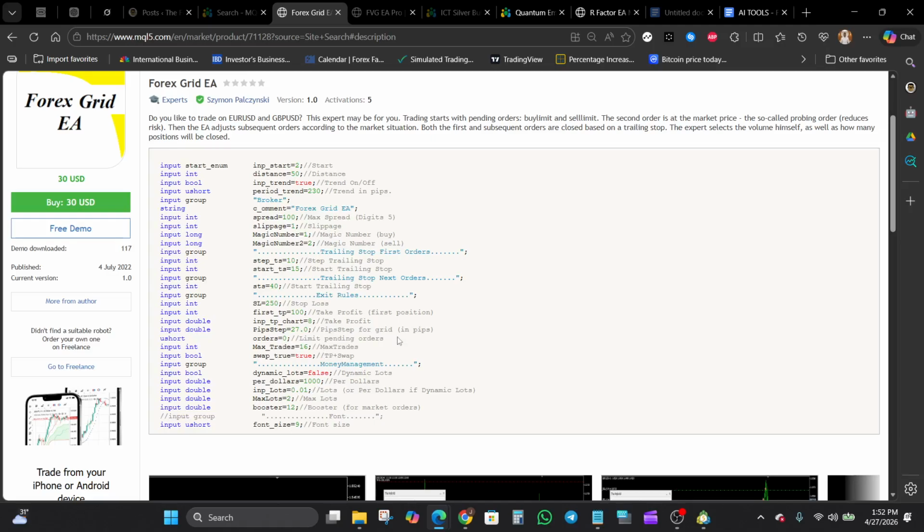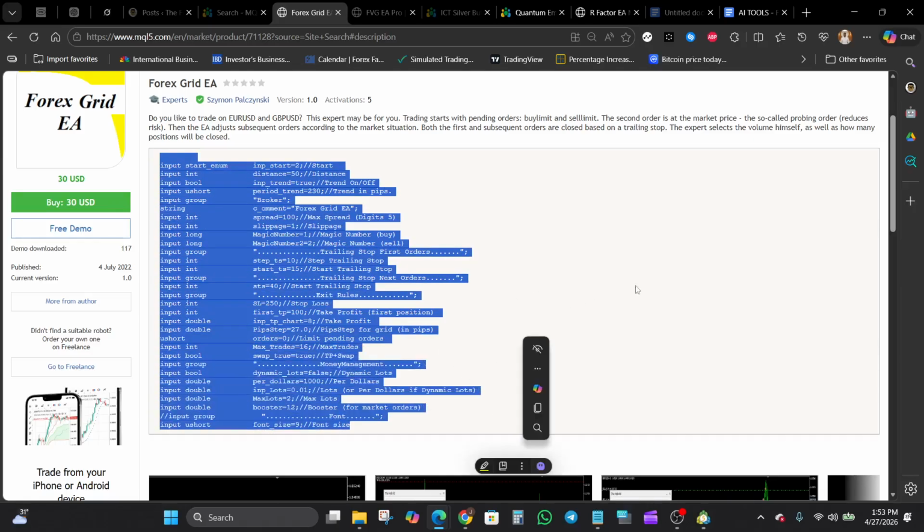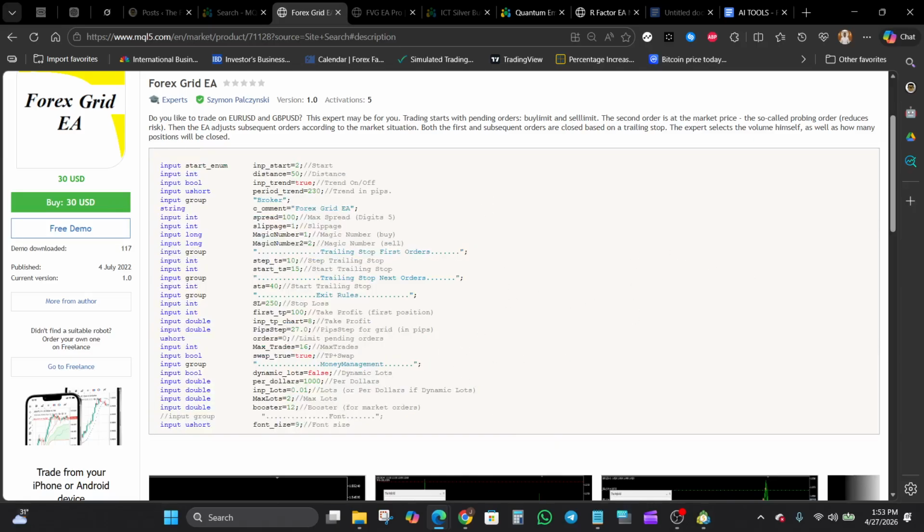And then on the risk side, you've got maximum trade limits, optional dynamic lot sizing, and spread and slippage filters. You can see some of these settings here. So overall, this is a fairly structured grid system, not overly aggressive, but definitely still exposed to typical grid risks if not configured properly.